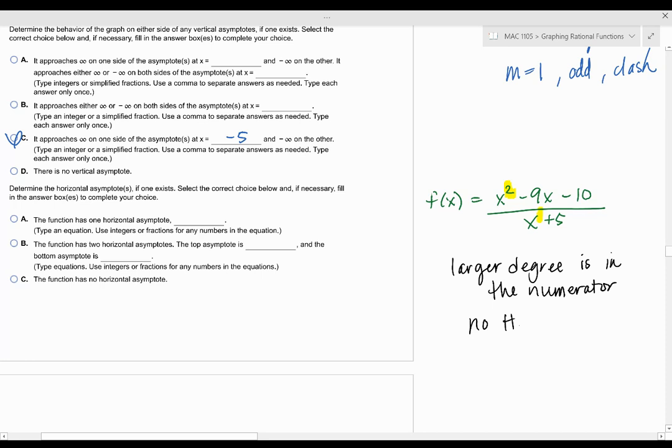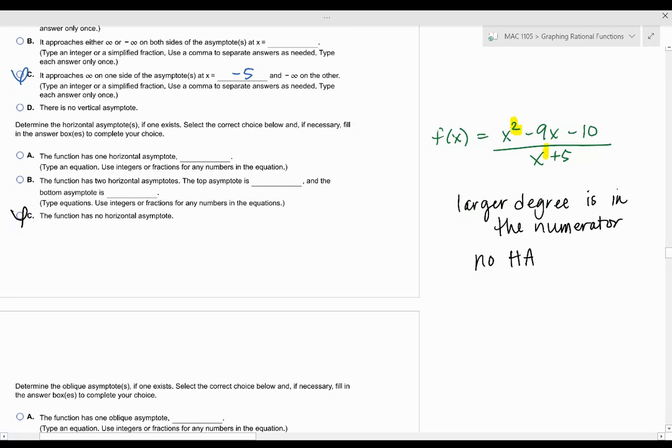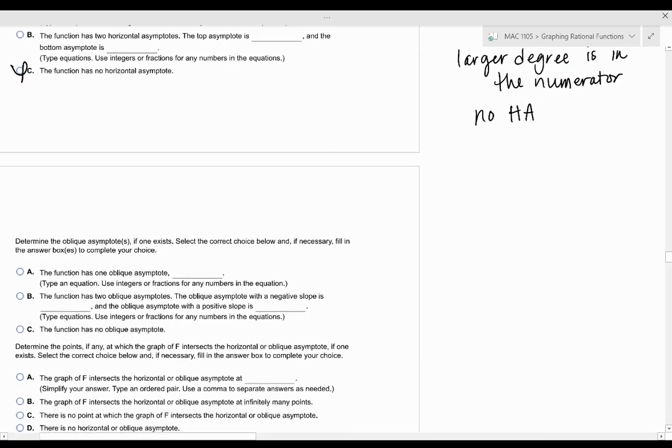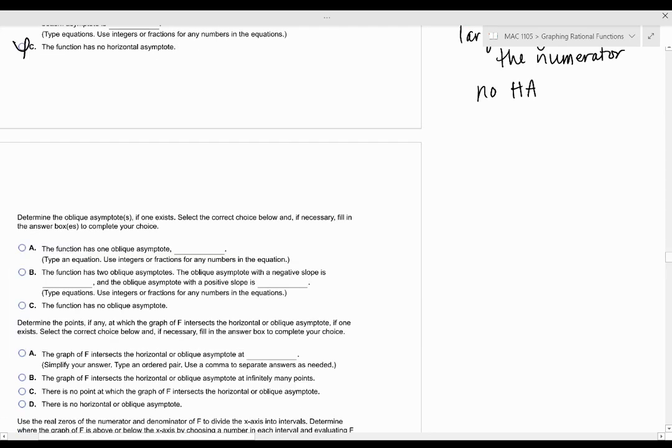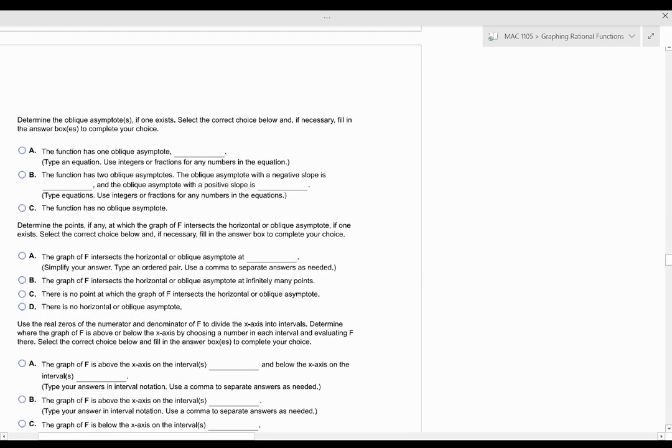So we have no horizontal asymptote, but that does tell us that we are going to have an oblique asymptote. In order to find it, we're going to have to use long division.